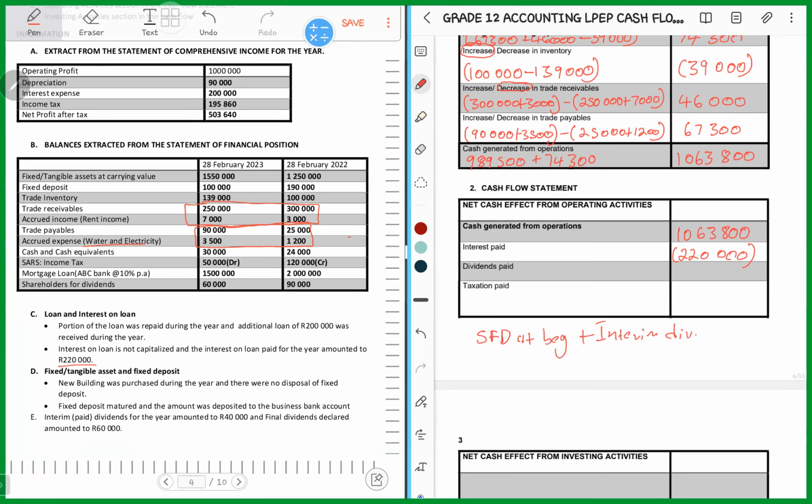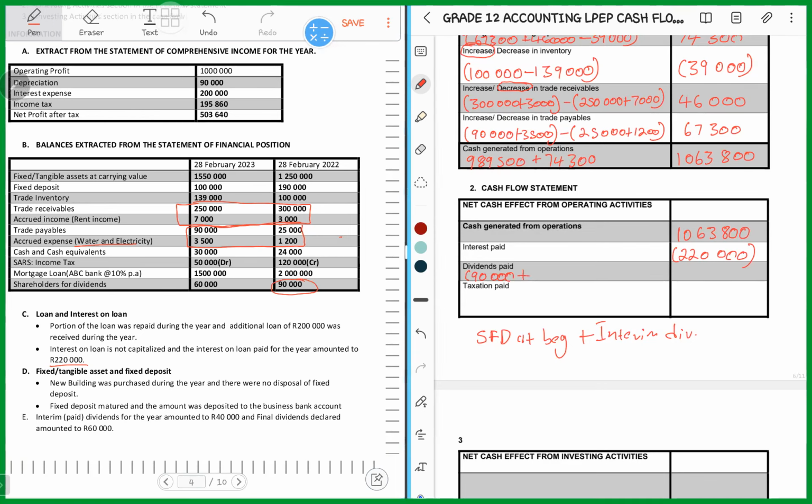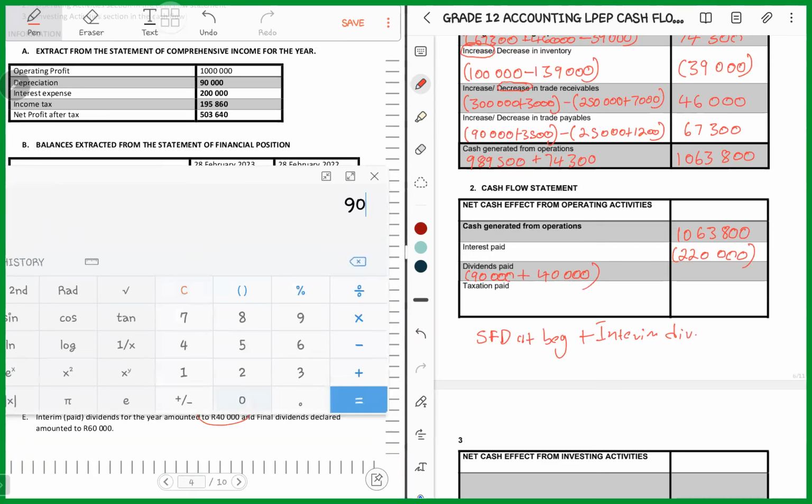For dividends paid, if you notice, the previous year they had shareholders for dividends, which will be the shareholders for dividends at the beginning of the year. So we're going to say 90,000. Then we're going to add the interim dividends for the year, which is 40,000. That will give us the total dividends paid for the year. So it will be 90,000 plus 40,000. That gives us dividends paid of 130,000.